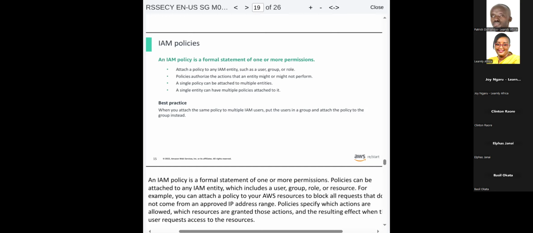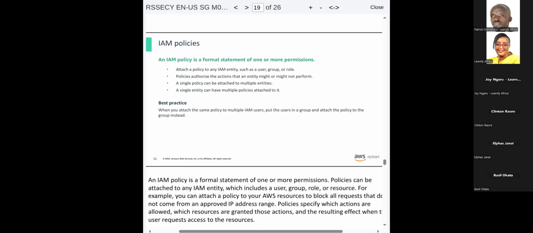So you can attach policies to the users, the groups, or the roles, or even resources. And you can have multiple attachments. A single policy can be attached to multiple entities.